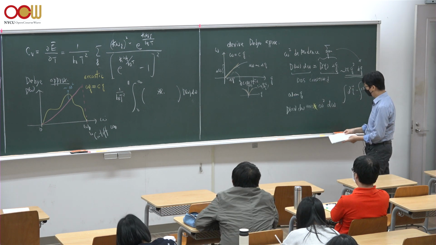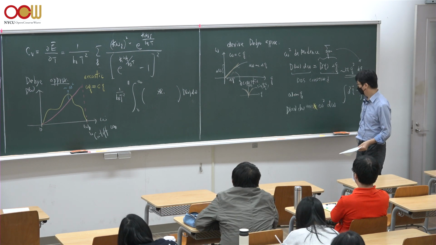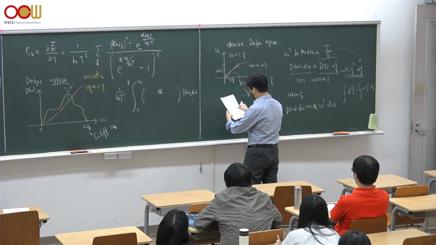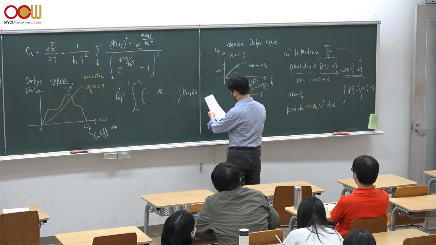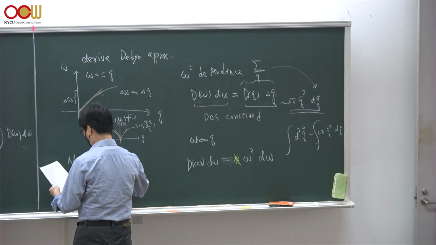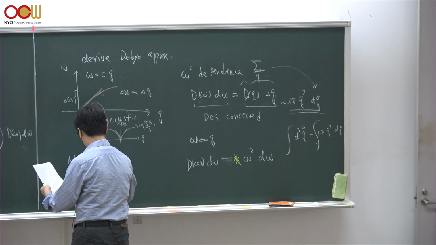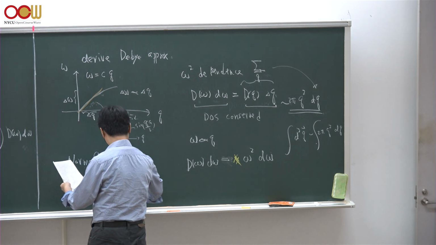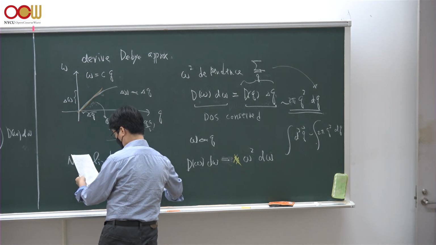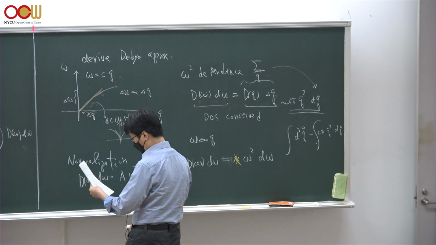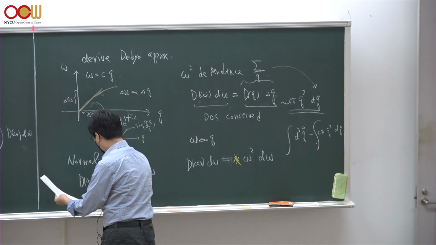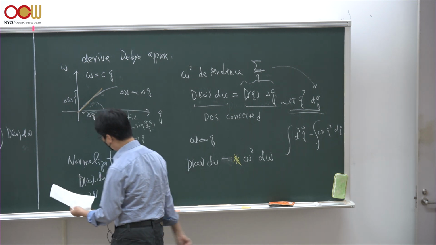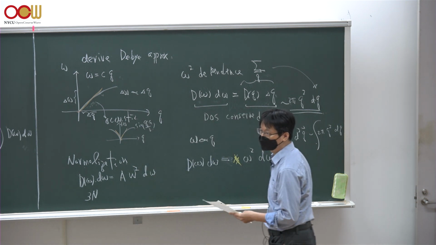But we could fix this normalization factor here by the conservation of the total density of states. As I mentioned, you could determine this: d omega is actually a times omega squared d omega. And you know very well that for a simple Bravais lattice, the total number of degrees of freedom is 3n.